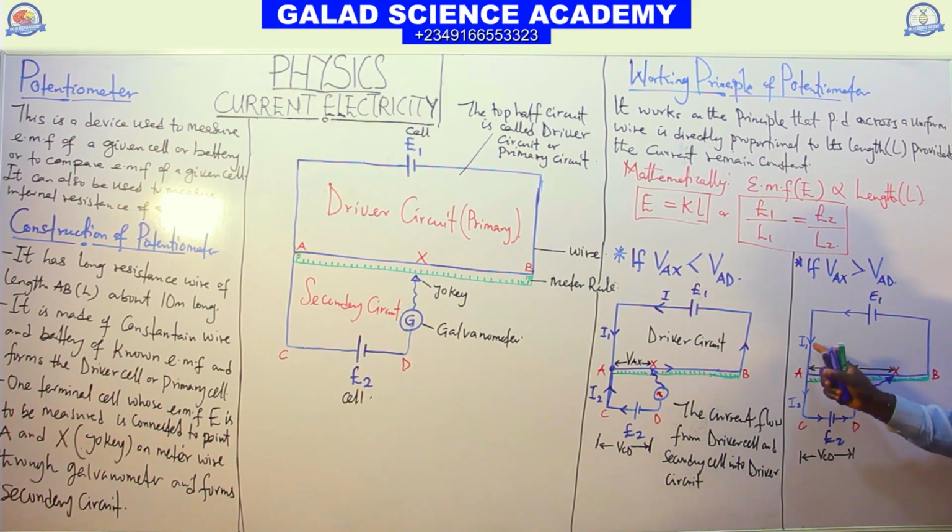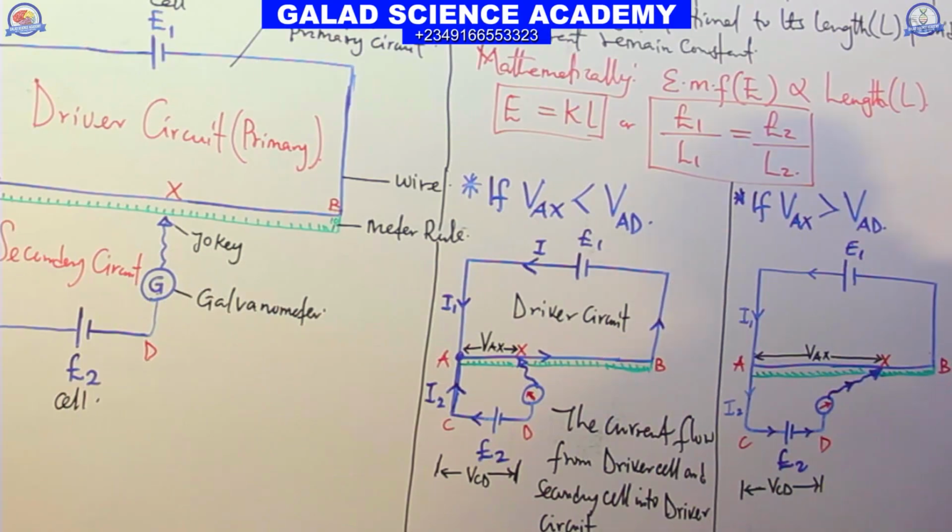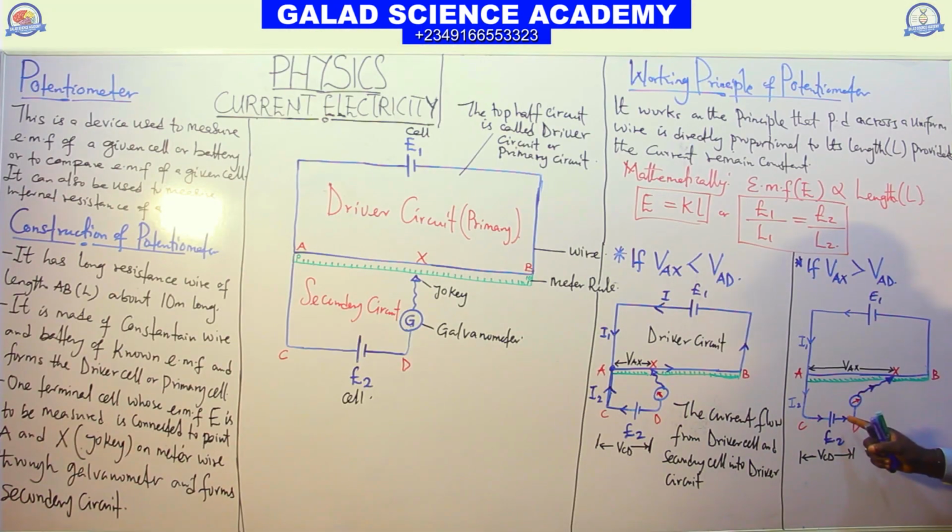The current, instead of at this junction A going to the driver circuit, it will not go. It will go to the secondary circuit. So the secondary circuit now adds its own current and passes through the galvanometer and now moves to the driver circuit. So here now, what will happen?